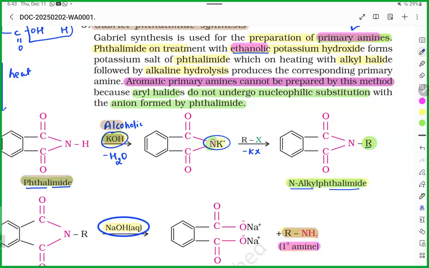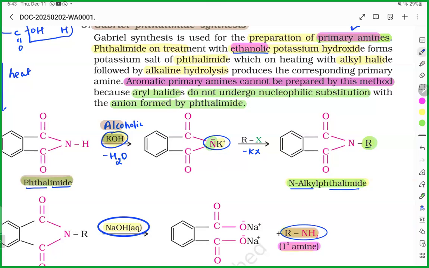When this reacts with the base in aqueous solution, OH will be added to the nitrogen, and R will go with NH2. Any doubt?